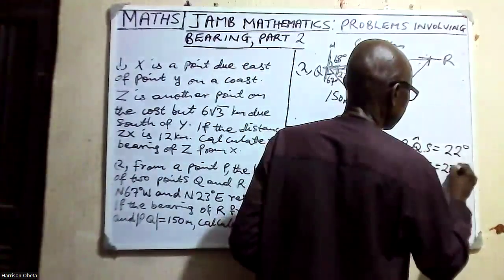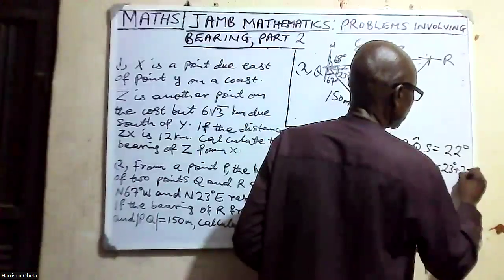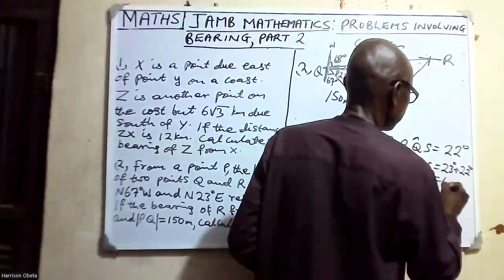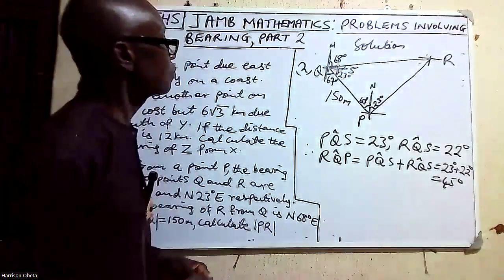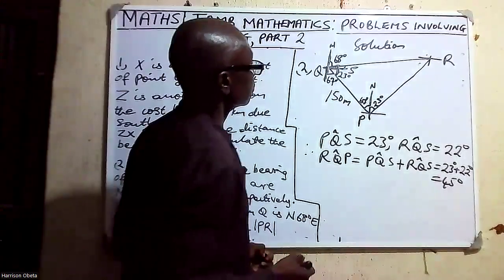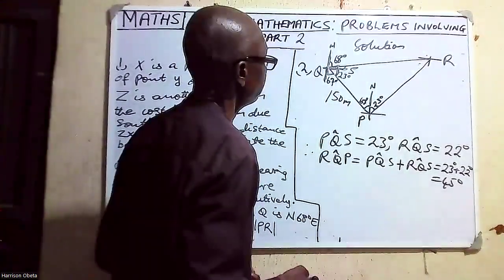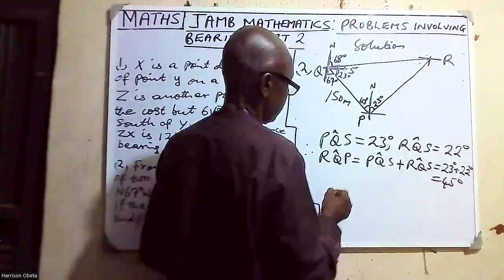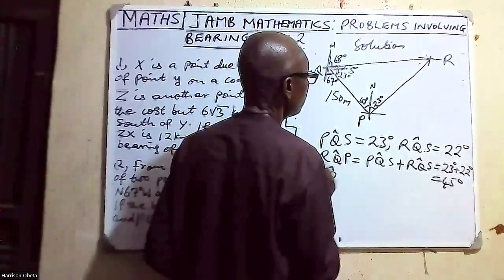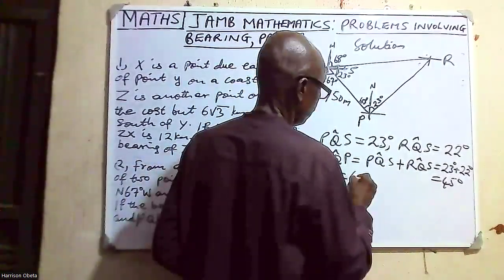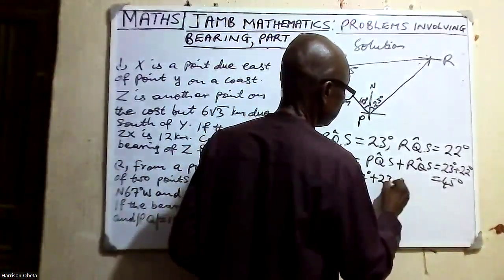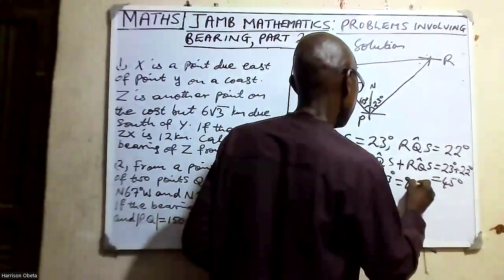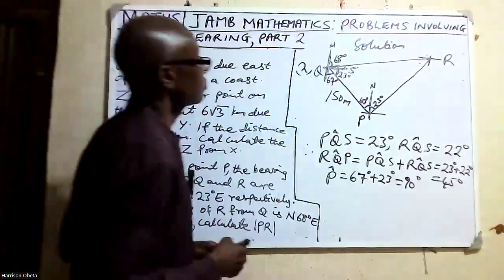This is equal to 23 plus 22, and that is 45 degrees. Again, we know that the whole of angle P is equal to 67 degrees plus 23 degrees. That will give us 90 degrees.